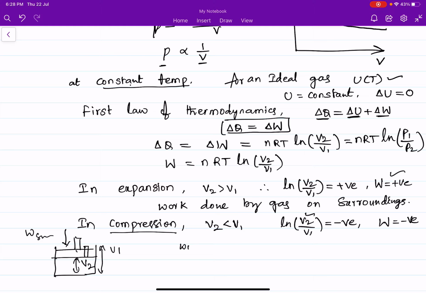That means work is being done on the system by the surroundings. Work done on the system is negative. We have discussed already, work done by the system is always positive. So this is the conclusion of work done by an isothermal process.